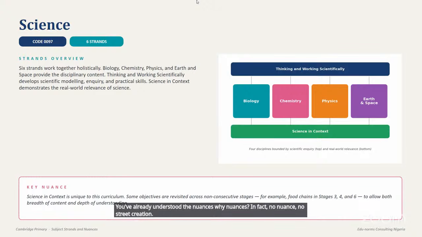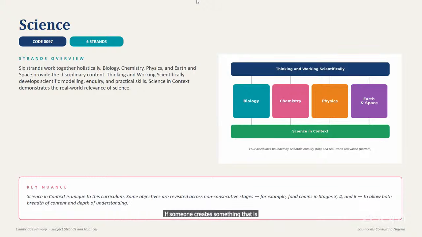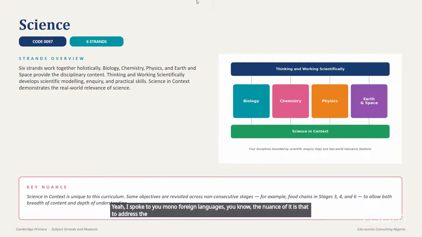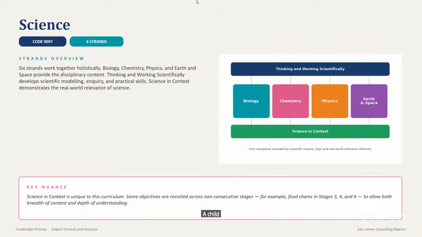I explained to you modern foreign languages: the nuance of it is to address the shortfalls in teaching foreign languages in countries that don't speak the language, so that within a term or a session, a child will be able to speak that language.